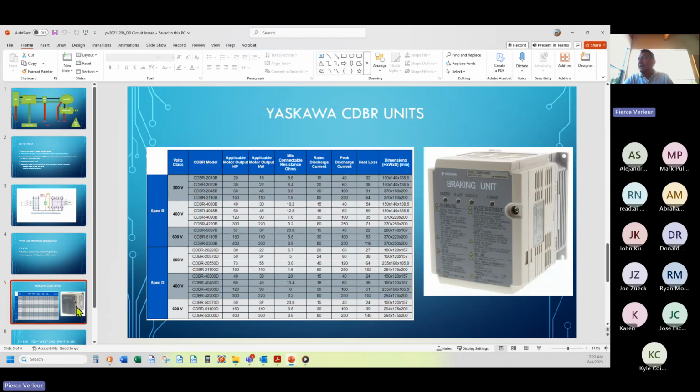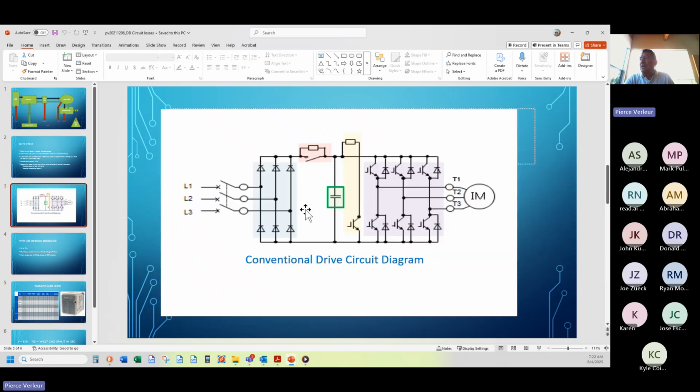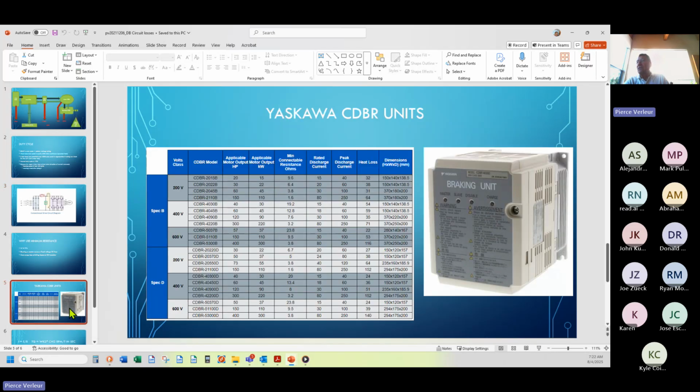This is what a dynamic braking unit looks like if we're going to mount that transistor external to the drive. A lot of the smaller drives have this transistor internal. At Yaskawa, we always put the resistor outside away from the drive. However, in the larger drives, we actually have a separate dynamic braking unit.